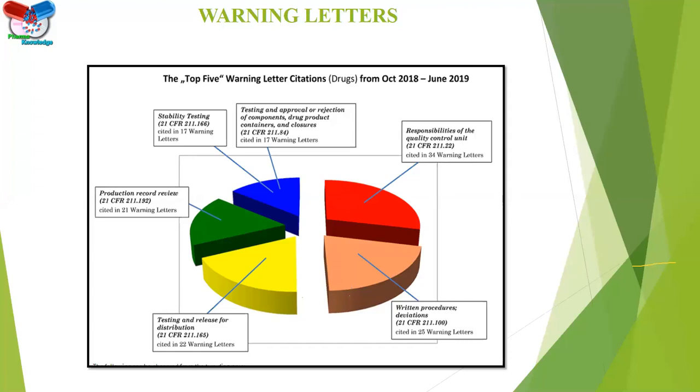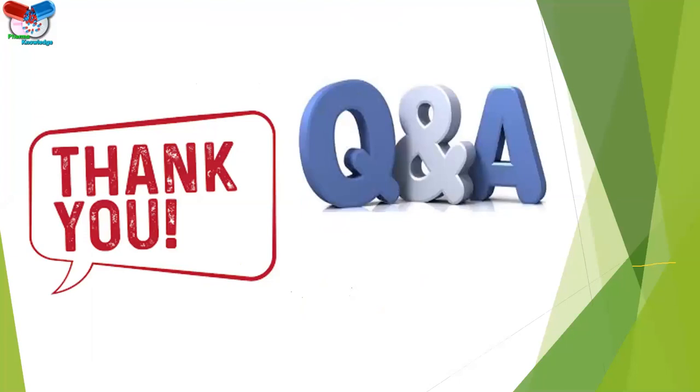For example, in the FDA top 5 warning letters from October 2018 to June 2019, stability testing is also there. So this is a very important study for marketing, for the business of my product. So this is all about the stability study from my side.